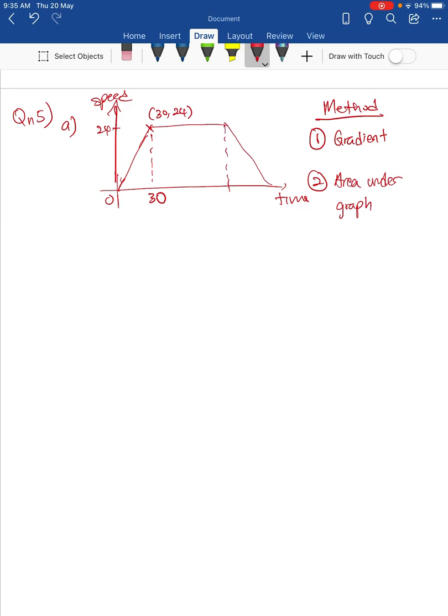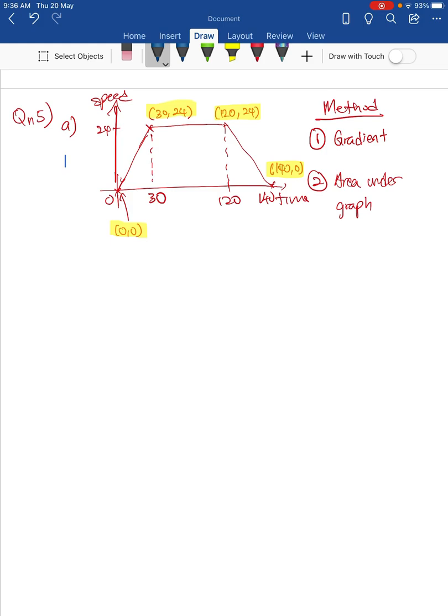Over here we have also 120, 24, and last but not least we have 140, 0. One more thing I missed out: this one will be 0, 0. So 4 coordinates, 1, 2, 3 and 4. Always do this first. Write down all the possible coordinates that you can find.